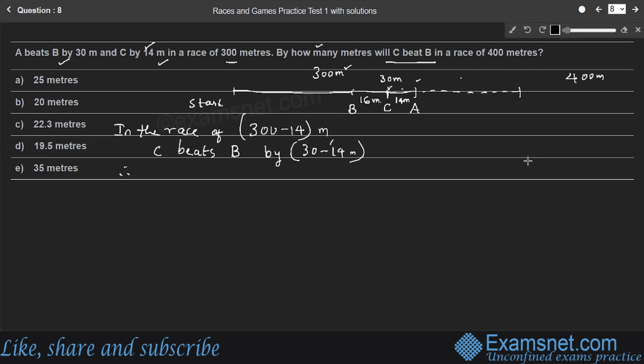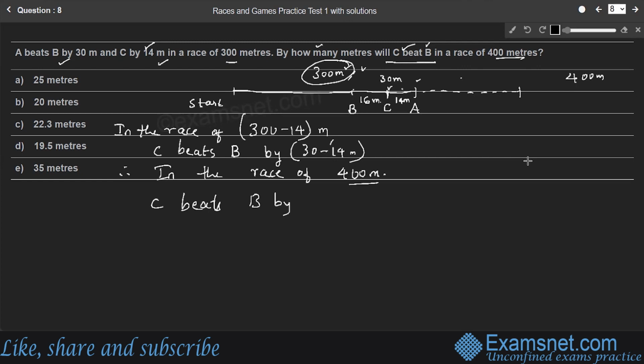Therefore, the question is, in the race of 400 meters, C beats B by how many meters?